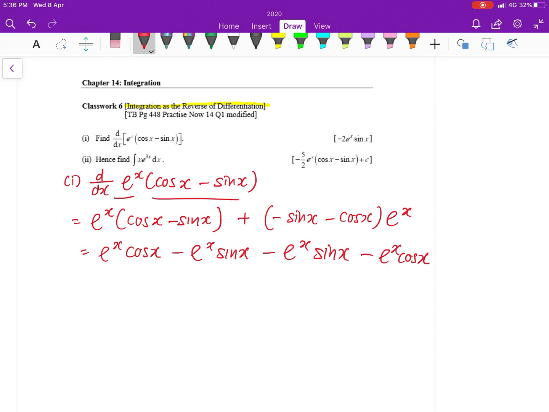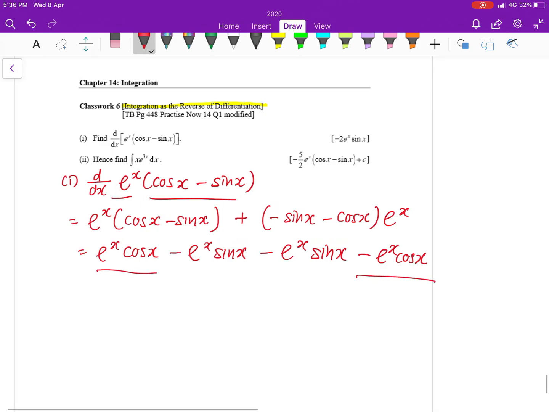Let's see which one can be cancelled out. Basically this and this, they will cancel each other. So what is left over will be equal to negative 2 ex sine x.